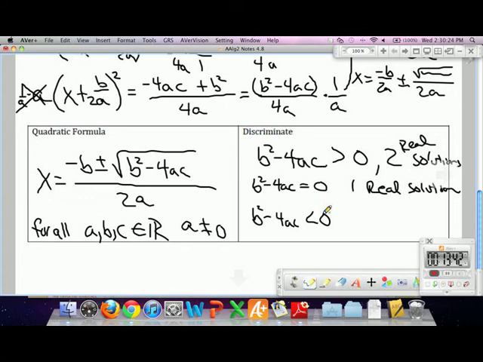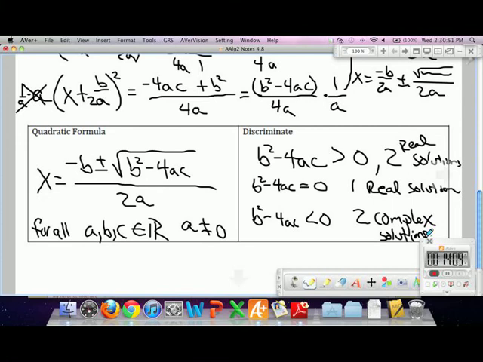You'll have answers that involve i, the imaginary number, because you'll take the square root of a negative number. In the old days, before we could handle square roots of negative numbers, you would say there were no answers. But now that we can handle complex numbers, we actually get 2 answers, but they'll be complex, with an imaginary component.